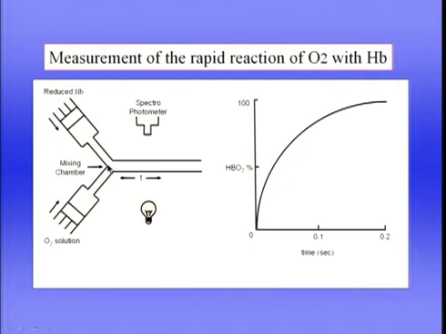And of course that's going to result in oxygenation of the hemoglobin. Then as the solution passes along here, the reaction takes place. The solution passes along quite rapidly, and we use a spectrophotometer to measure the increase in the oxygenated hemoglobin, because the spectrum of oxygenated hemoglobin is quite different from that of reduced hemoglobin.